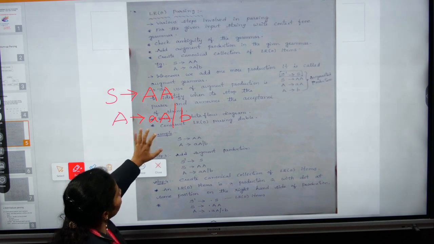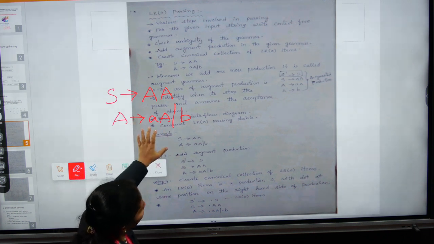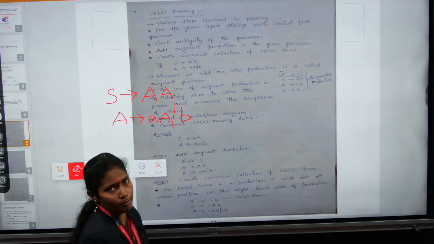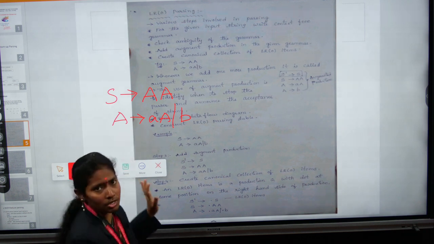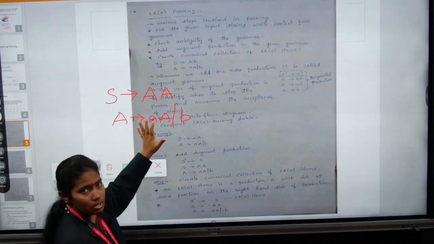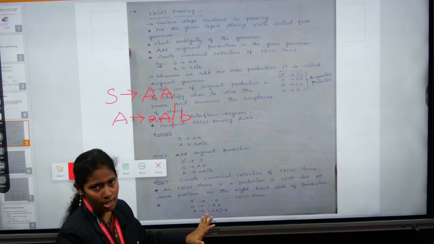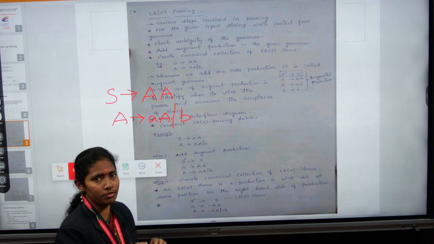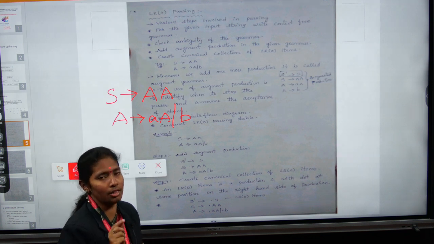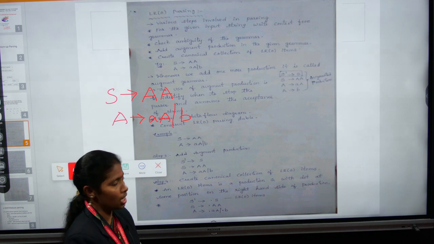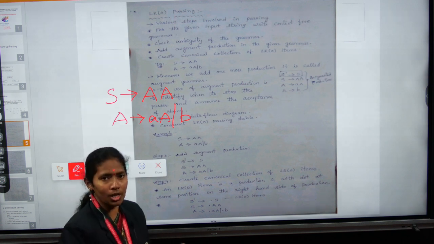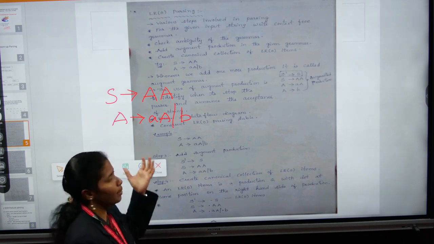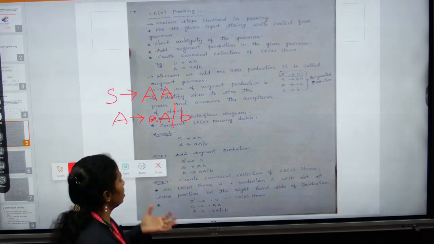The first step according to LR0 parsing is that for the given input you need to check the context free grammar. A context free grammar is a grammar which consists of a set of terminals and non-terminals. Terminals are the small case letters, whereas the uppercase letters are termed non-terminals.